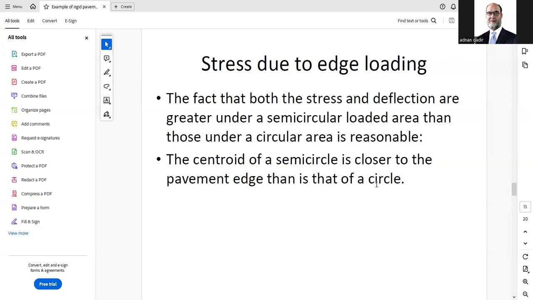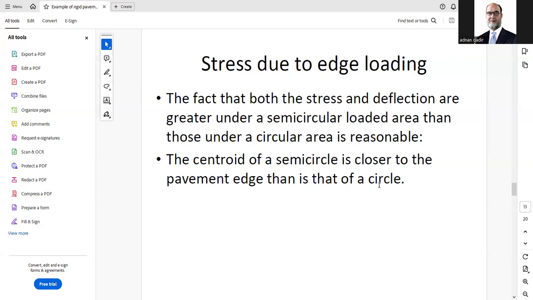So we have to be very careful in knowing these types of stresses, because this is where you have the problem of corner cracking.